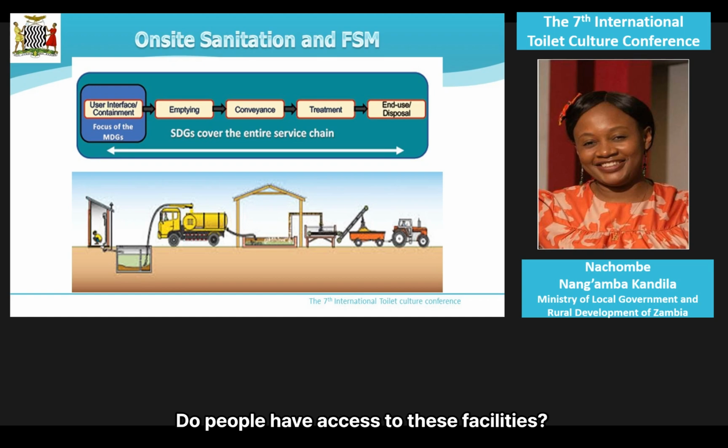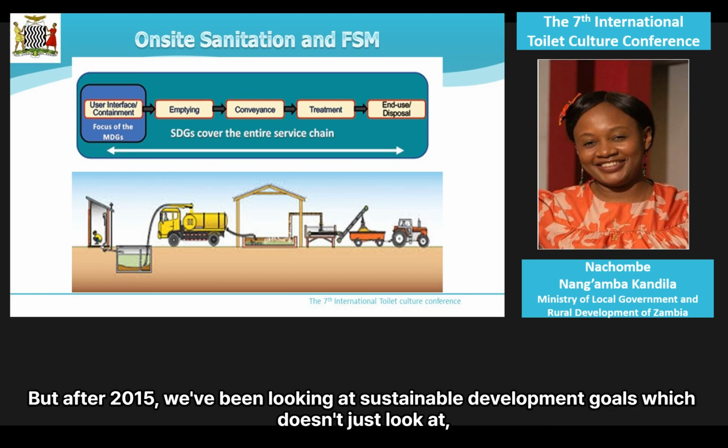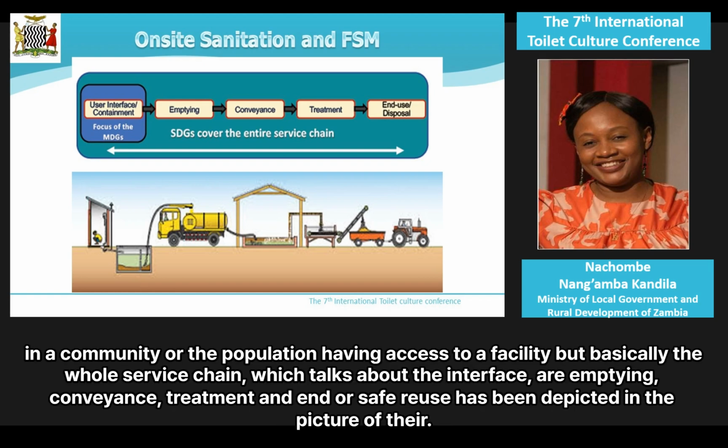Do people have access to these facilities? But after 2015, we've been looking at the Sustainable Development Goals, which doesn't just look at a population having access to a facility, but the whole service chain, which talks about the interface, emptying, conveyance, treatment, and end or safe reuse, as depicted in the picture there. Next slide, please.